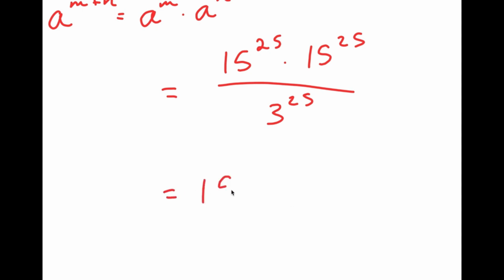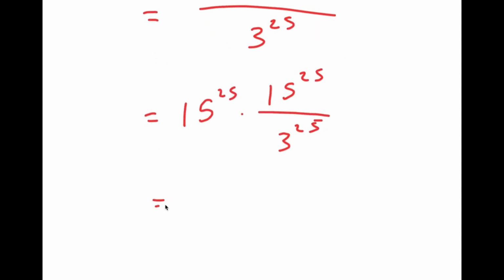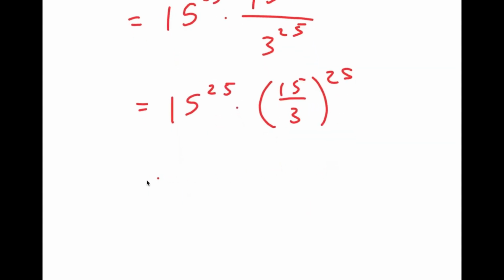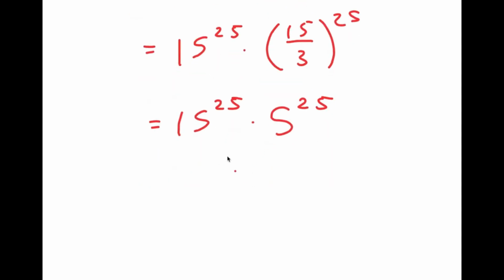And now this is equal to 15 to the power of 25 times 15 to the power of 25 over 3 to the power of 25, which is equal to 15 to the power of 25 times 15 over 3 to the power of 25. And this is equal to 15 to the power of 25 times 5 to the power of 25.